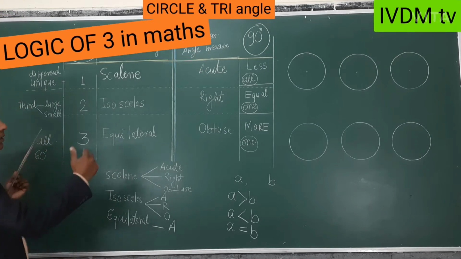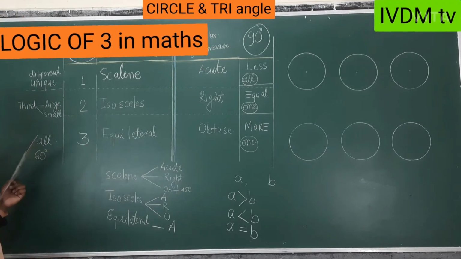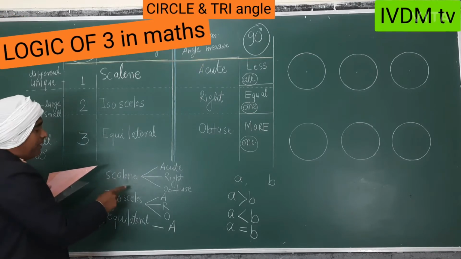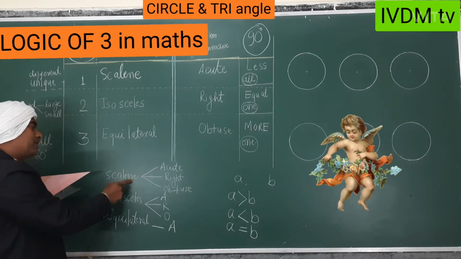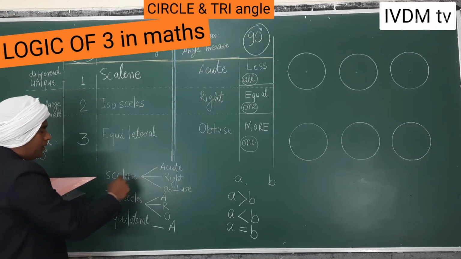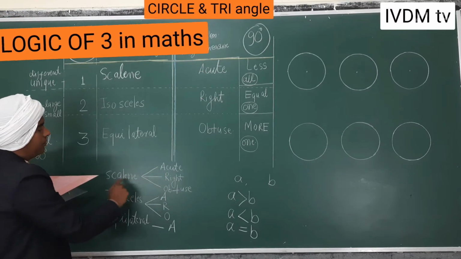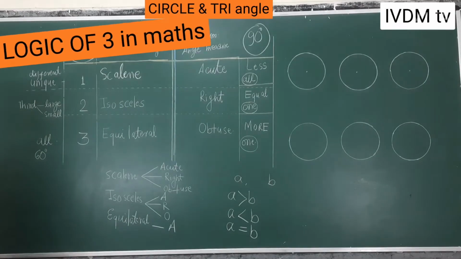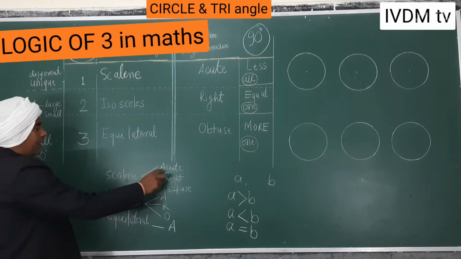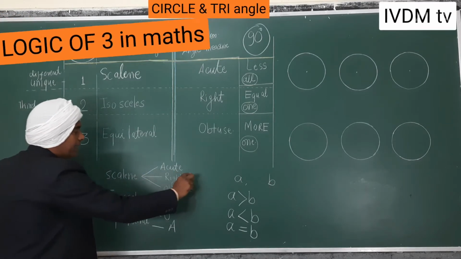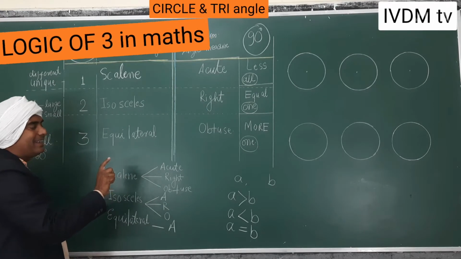Okay, one thing more I would like to add in this class. Sometimes triangles may be scalene plus acute also. Scalene may be acute also, scalene may be right angle also, scalene may be obtuse also. Scalene and acute means all the sides are different, all the angles are less than 90 degree.